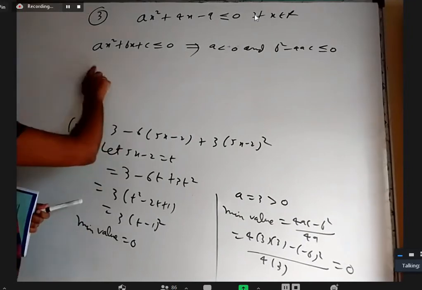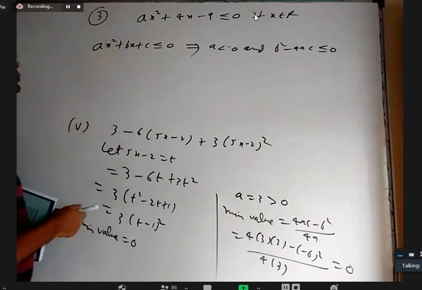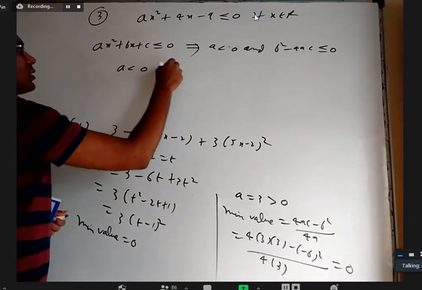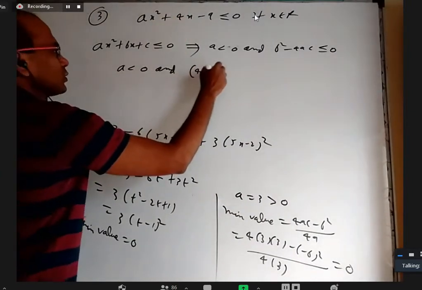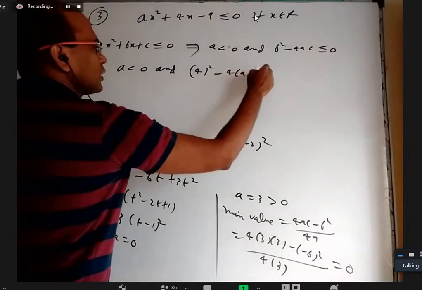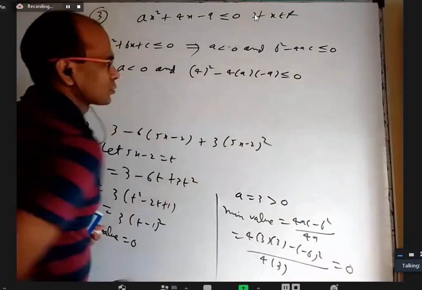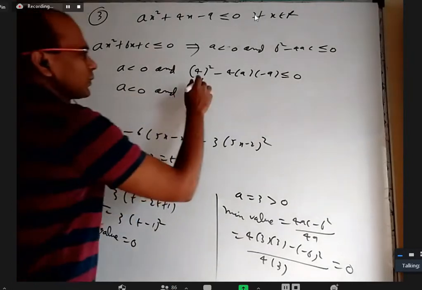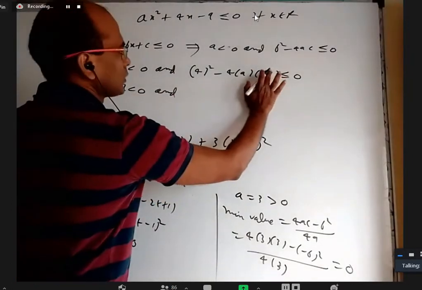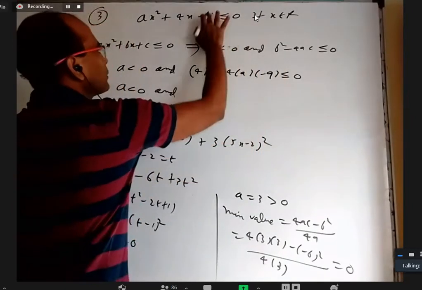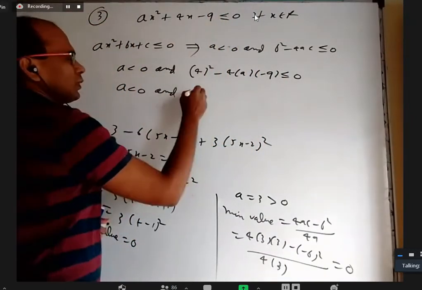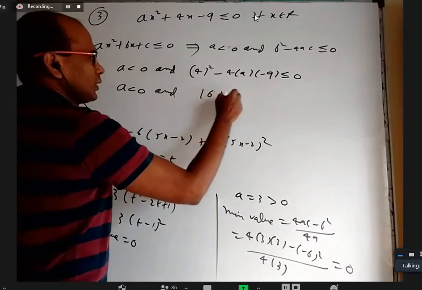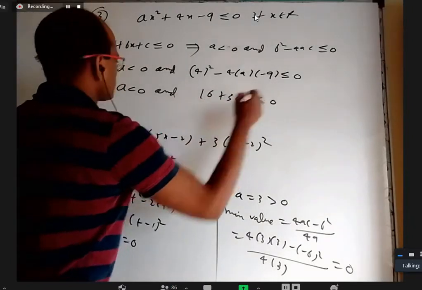A should be negative, roots can be complex or equal. So here a less than 0, and what is b square minus 4ac? 4 whole square minus 4 into a into minus 9 less than or equal to 0. A should be less than 0 and this is minus 9. 16 plus 36a, a less than 0.